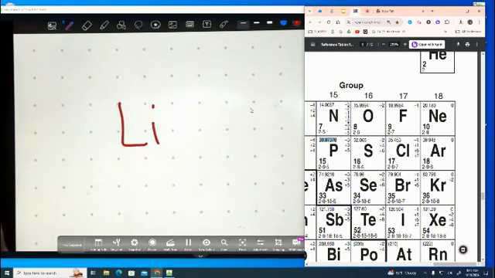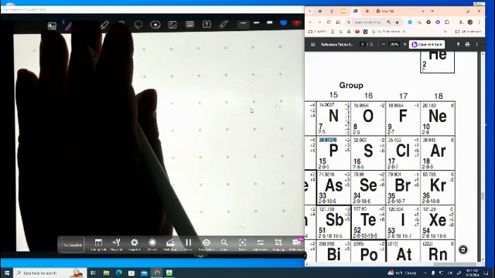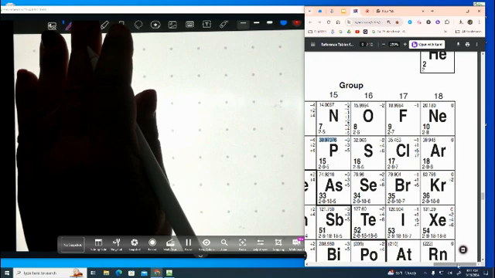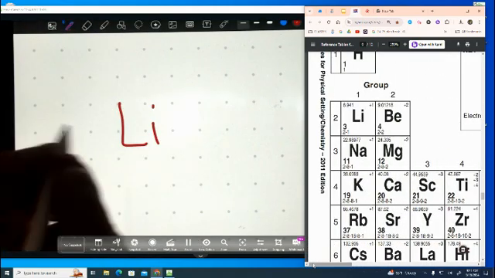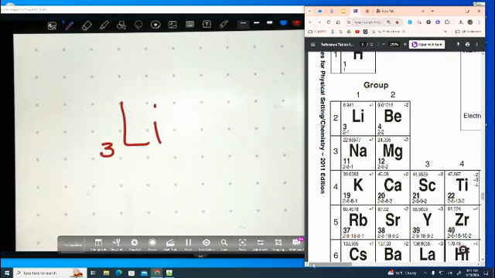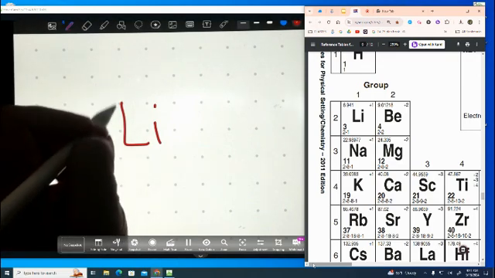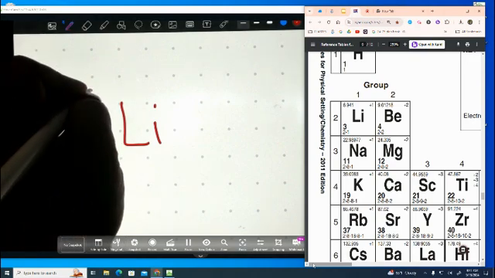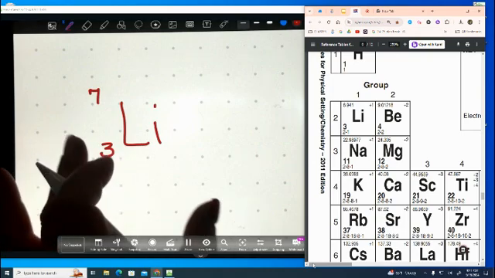Nick? Bottom left. How many? 3. Okay, I don't like that 3. I'm going to rewrite it. There you go. If I asked you to write the mass up here, what mass would you put? 7. That's the most abundant isotope of lithium.